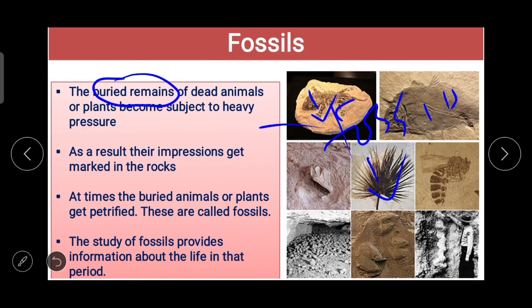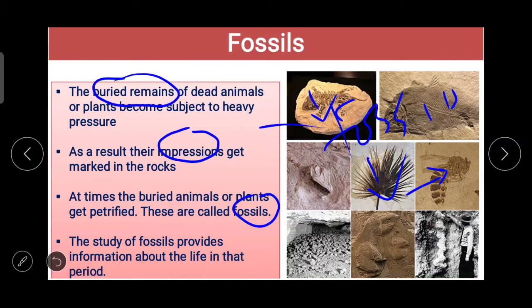For example, to understand, look here, this is looking like a mosquito. If it got buried in it, then because of that pressure its impression gets marked there. At times, the buried animals or plants get petrified, and these are called fossils. The study of fossils provides information about the life in that period.